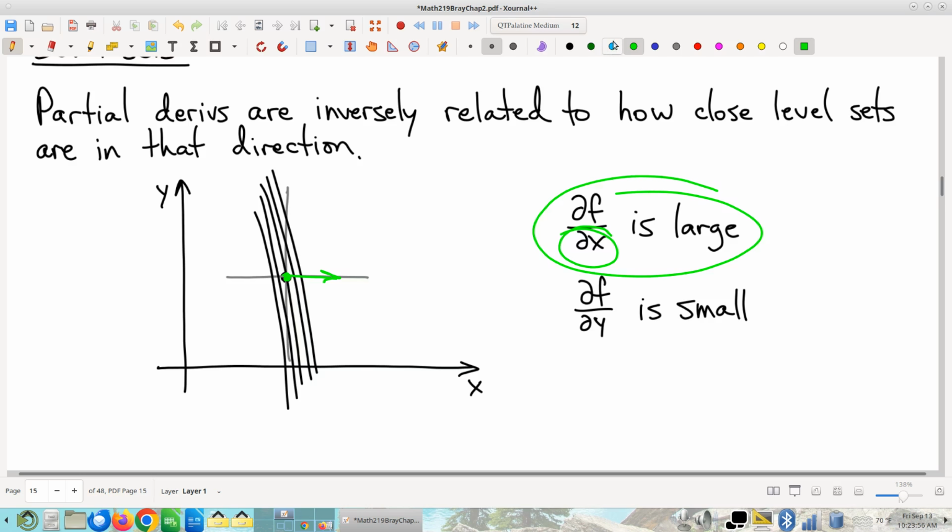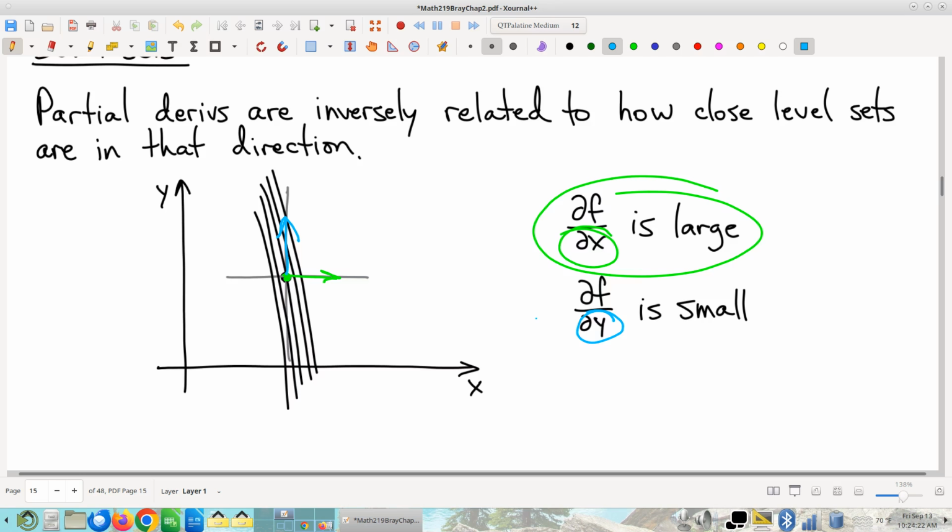Now, by contrast, let's suppose that you were going in the y direction, and keep in mind, that's what a y partial is. The y partial says, suppose you're moving in the y direction, exactly. Well, again, look at the contour lines. Imagine that this is your hiking plan, and if you're at this point and you start going in the y direction, well, it takes you a lot more distance to cross those contour lines.